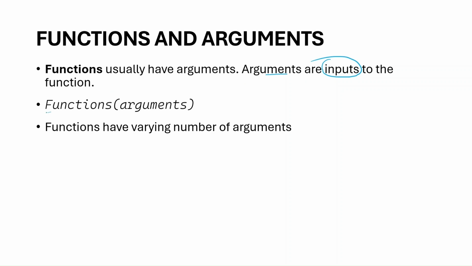So you have your function, and then in the parentheses you have your arguments, which are the inputs to feed into the function to perform its tasks with. Functions have a varying number of arguments, so you can have functions that require 2 arguments, or up to 5 arguments. There are some that only need 1. It really depends on the type of function and what you're trying to do.